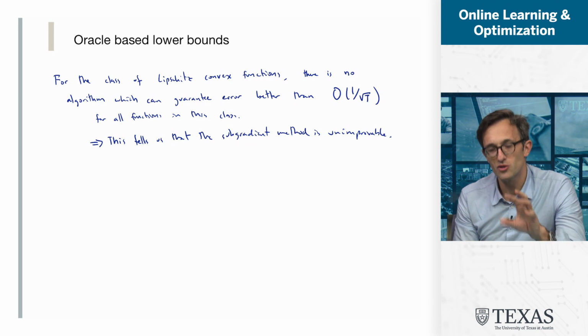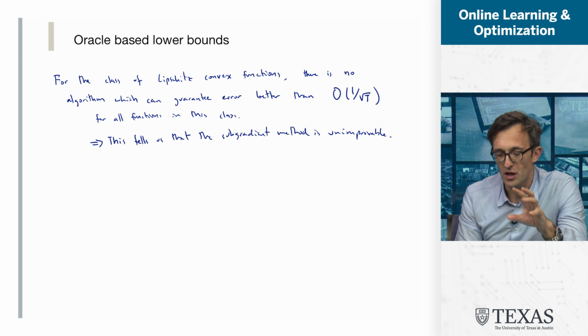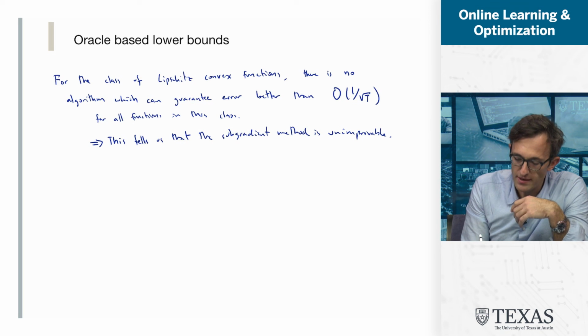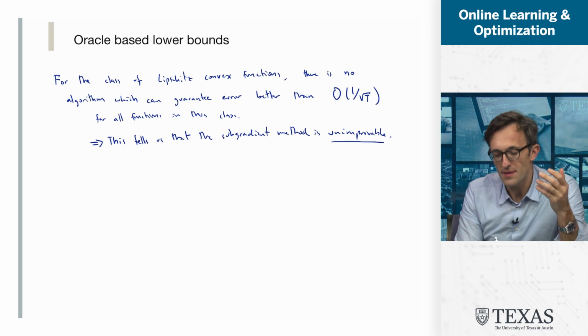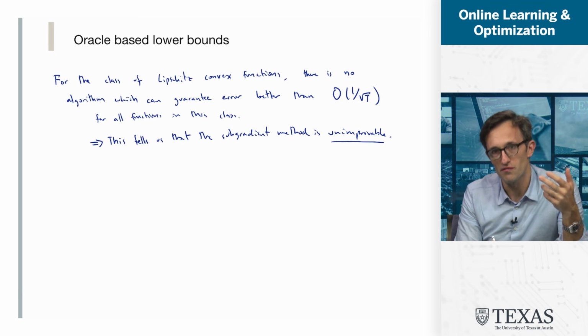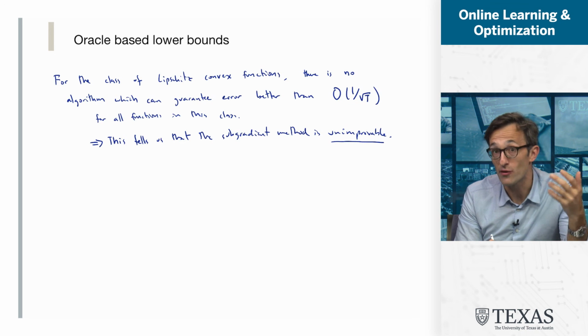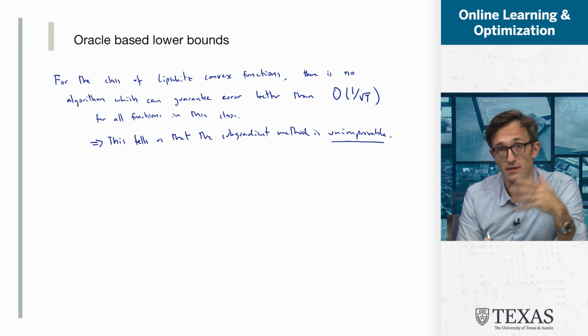Again, it's important to just dwell a little bit on what the consequence of this is. When we say that it's unimprovable, that doesn't mean that if I have a particular function that's Lipschitz and convex, I can't find a better algorithm than subgradient descent. That doesn't mean that at all.